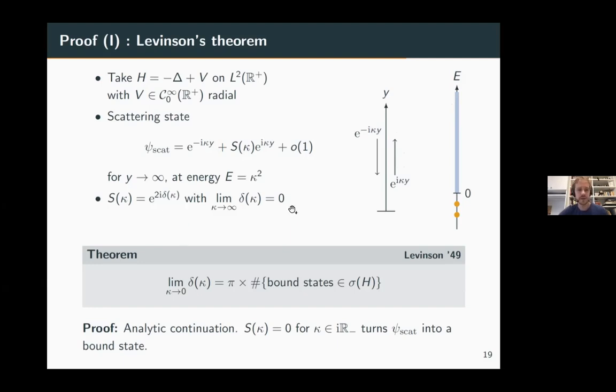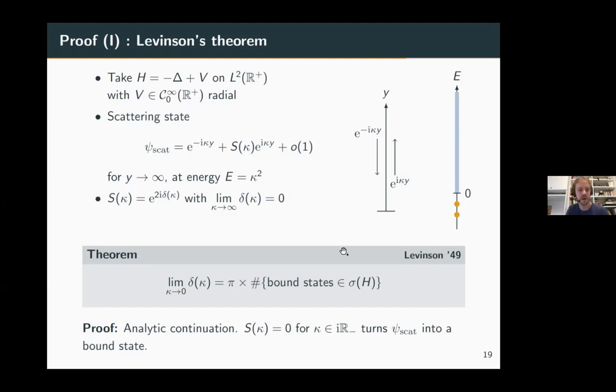Now the theorem says that as you approach the bottom of the continuous spectrum, which would be the one for the Laplacian on the line, then the phase of the scattering amplitude is proportional to the number of bound states below 0. Okay, so by computing the scattering properties of the continuous spectrum, you can deduce that there exist some bound states. And this is what we are going to use.